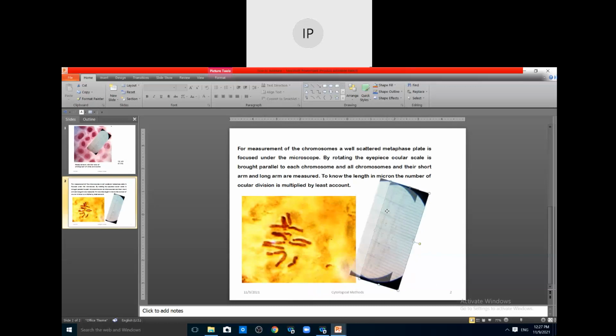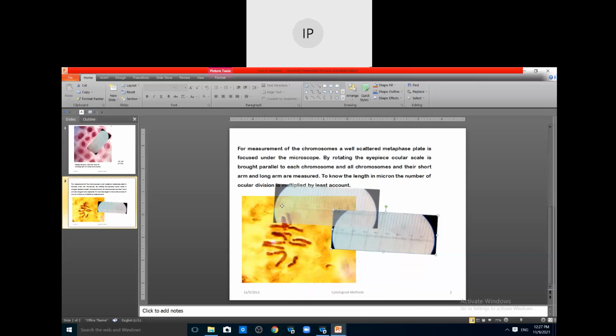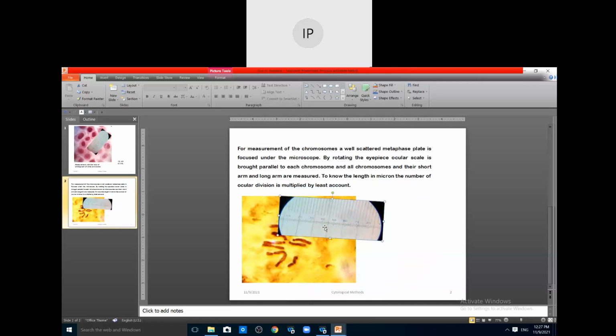This scale can be brought very close to the chromosome, and the length of the long arm and short arm can be measured. The ocular divisions can be counted. In this way, karyotypic analysis can be done with the help of photograph of the metaphase plates as well as the photograph of the scale.